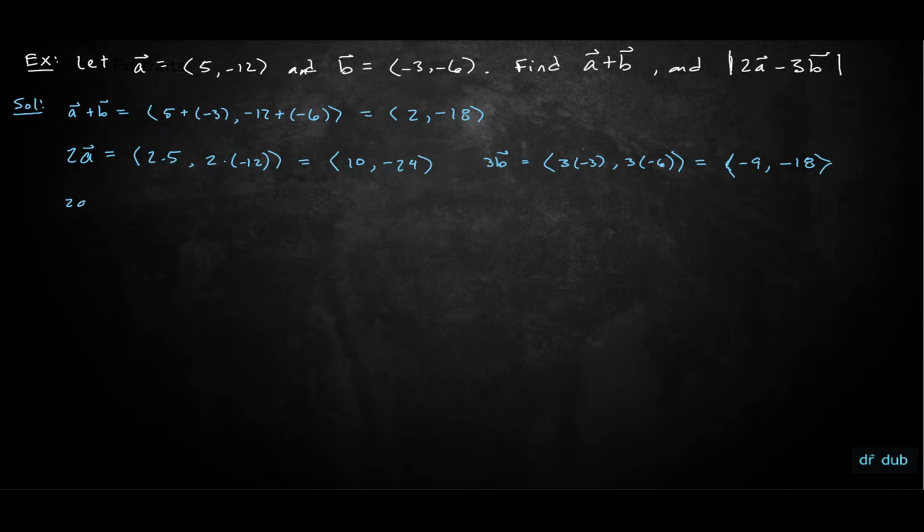So 2a minus 3b is going to be 10, comma, -24 minus -9, comma, -18, which is going to end up being 10 plus 9, comma, -24 plus 18.